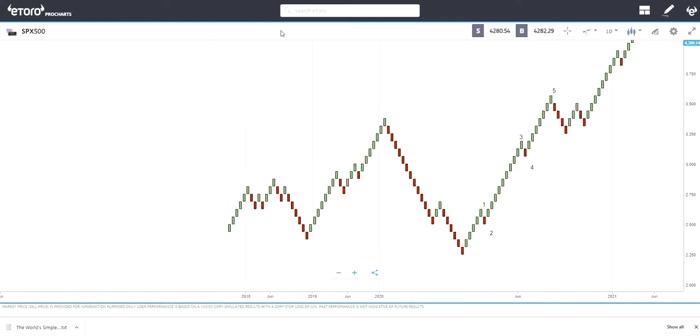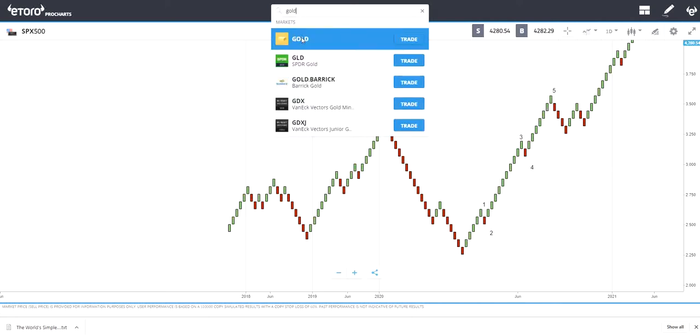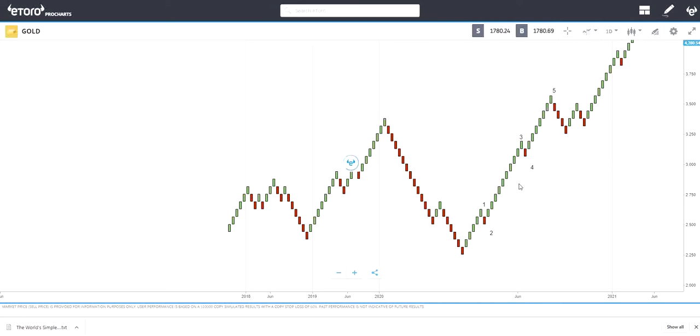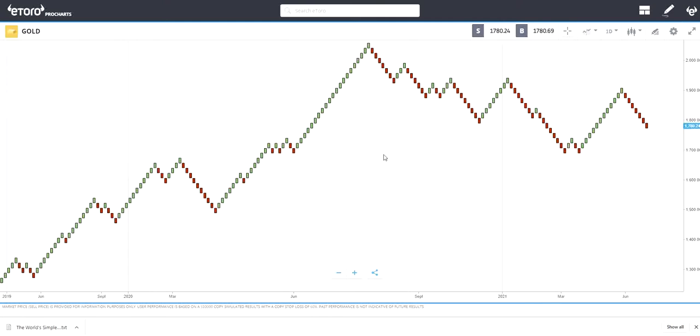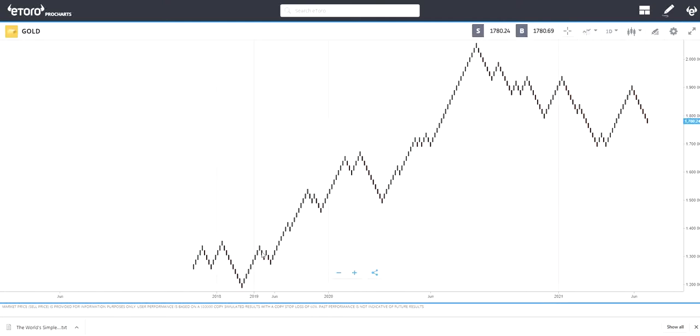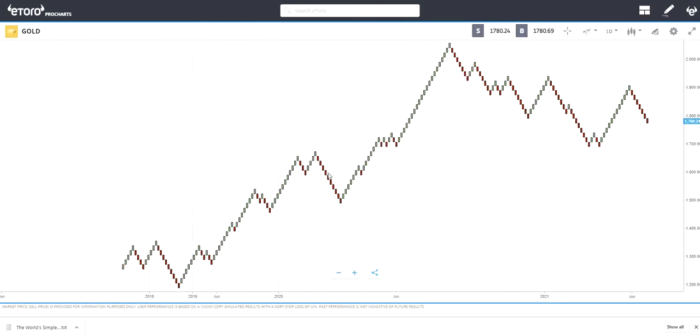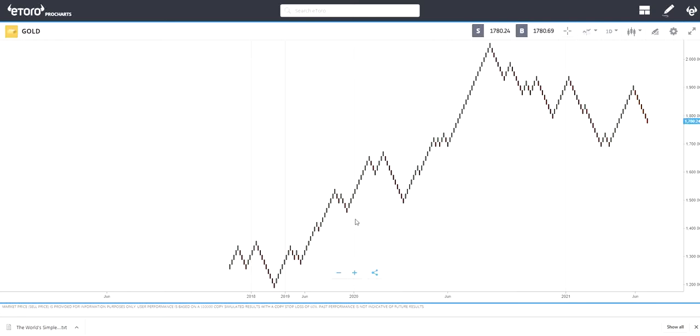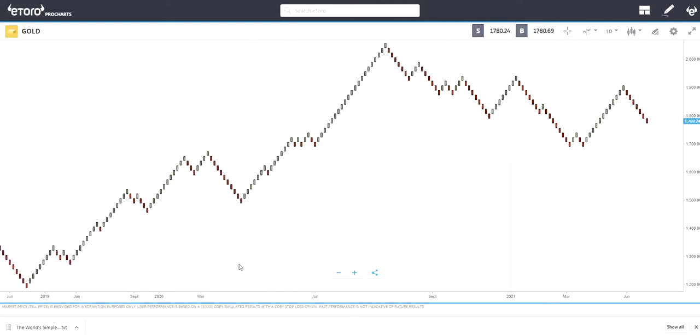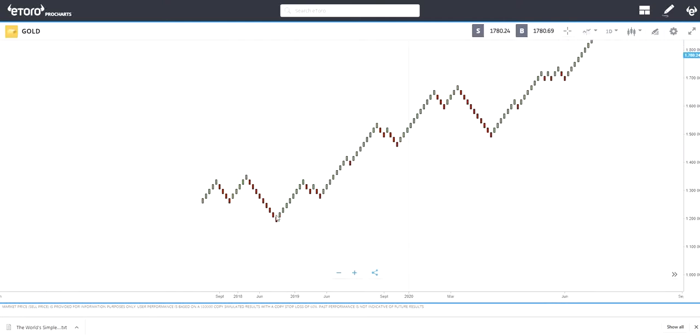So let me just go and, for example, check gold. Okay. You can see the same patterns are very nicely visible. Sometimes we have some events that the uptrends just keep going and going. But most of the time, like here, you can see wave 1, 2, 3, 4, 5, and this is very nice.